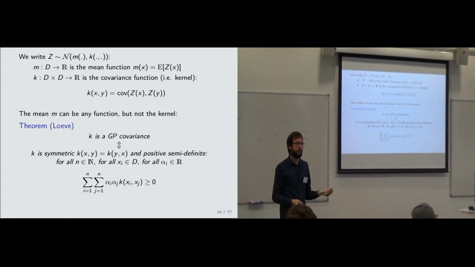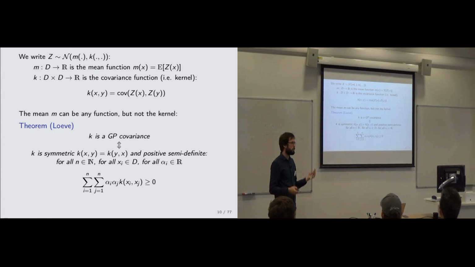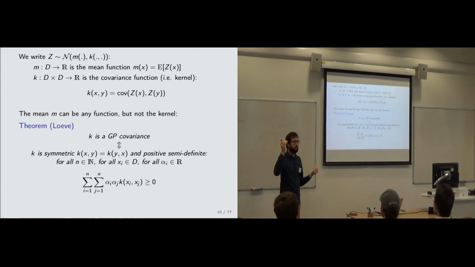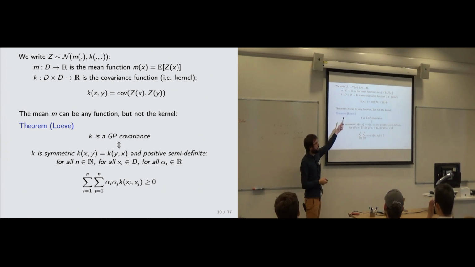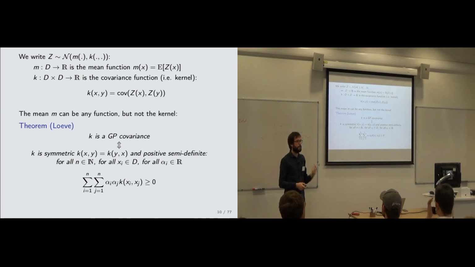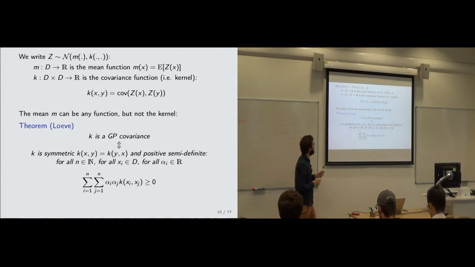For the mean function, we can pick whatever we want. The function doesn't have to be continuous, or it can be any function. But for the covariance function, it has to satisfy some property to ensure the consistency between all the marginal distributions we are specifying.